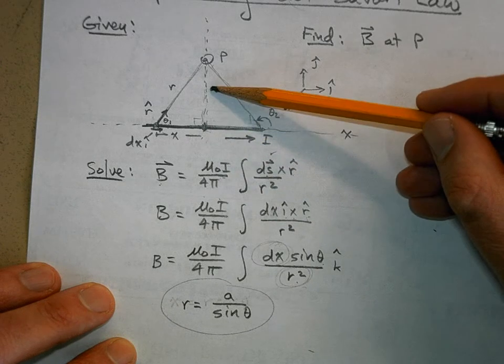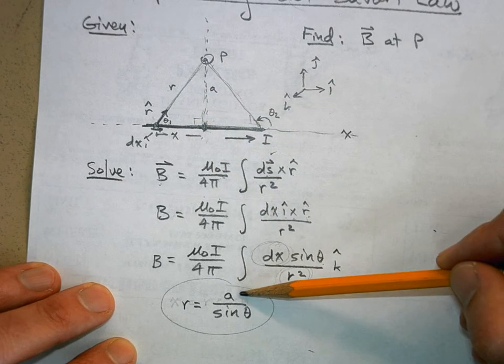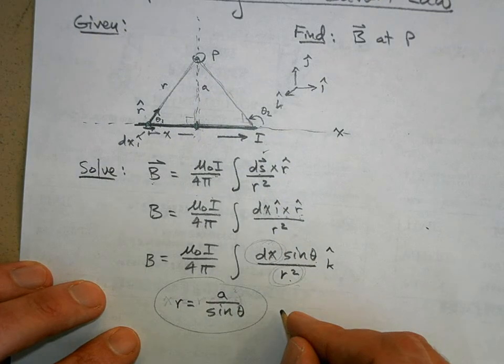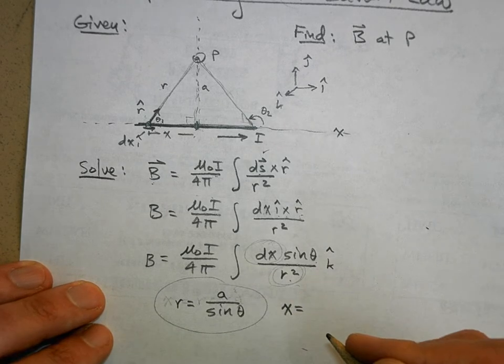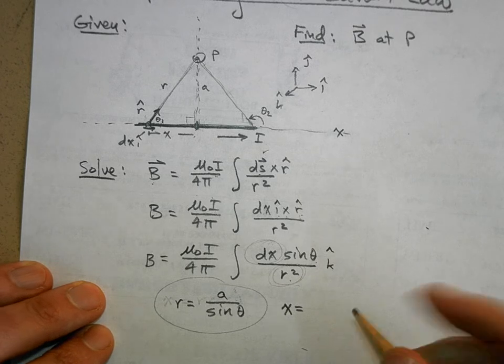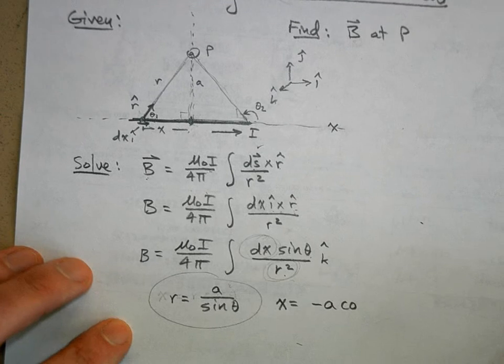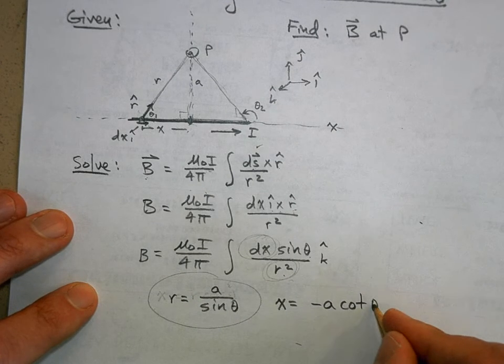And then I'm going to say that x is equal to negative a cotangent theta.